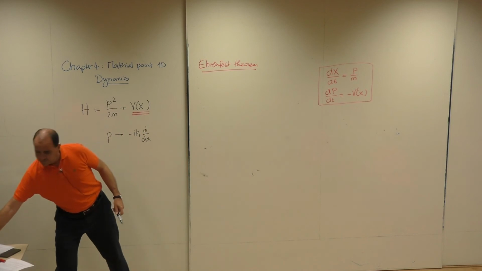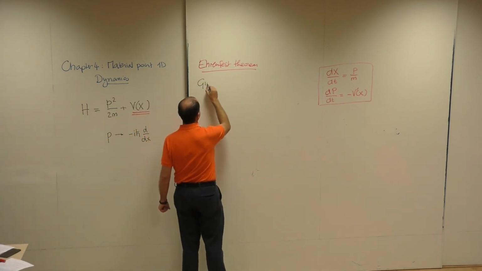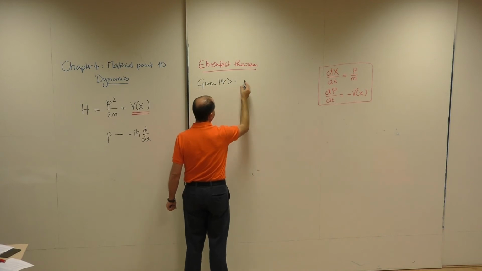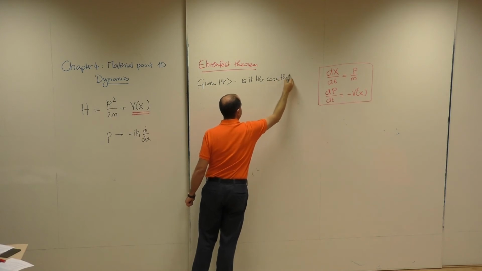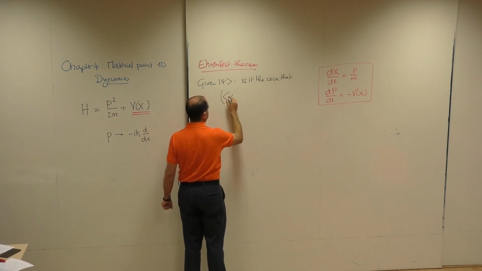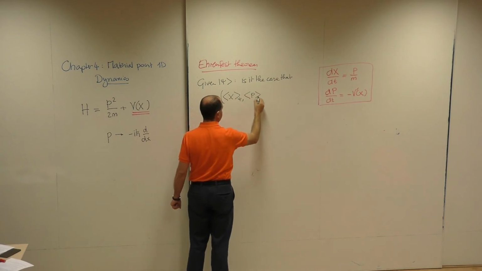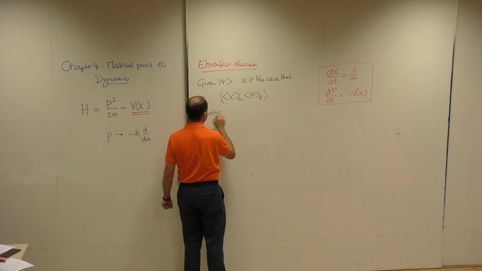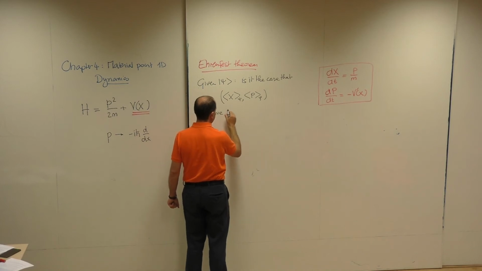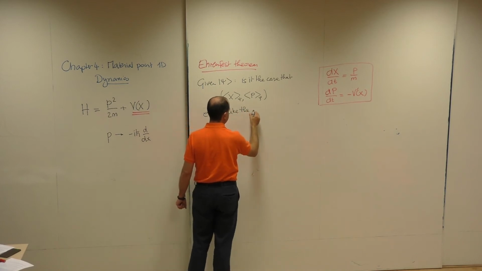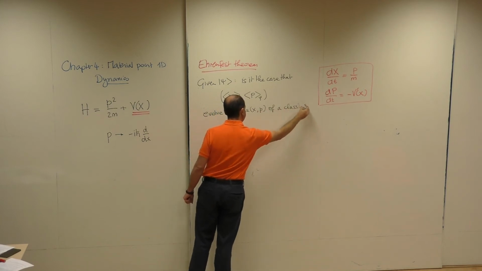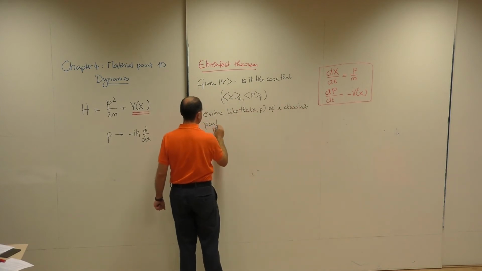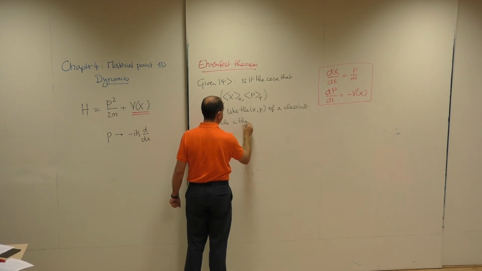So, given a state psi, is it the case that the average values of x and of p evolve, maybe not a very precise statement, like the x and p of a classical particle in the same potential?